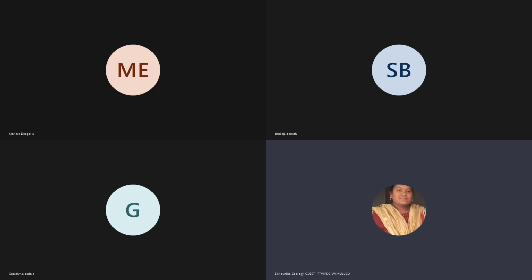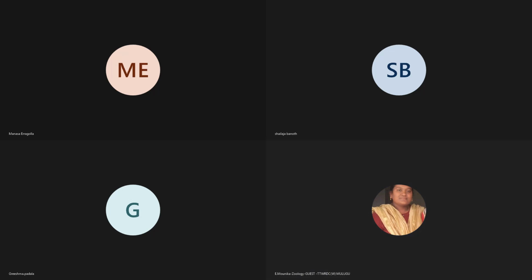MHC molecules consist of two polypeptide chains, one is the alpha chain and another one is the beta chain. Okay.